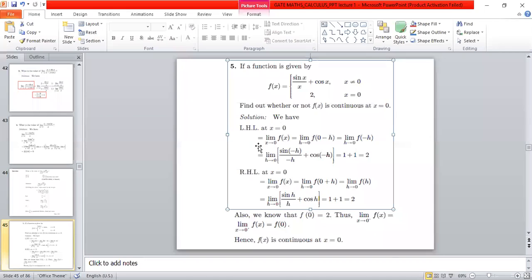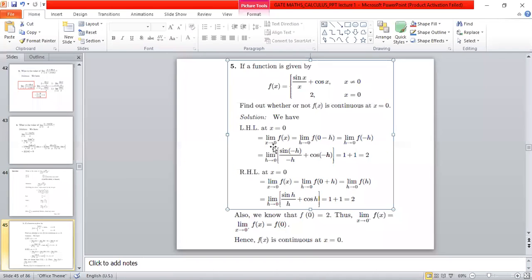The left hand limit at x is 0 is defined as limit x tends to 0 minus of f of x. In terms of h, we can define it as limit h tends to 0 of f of 0 minus h. In case of the right hand limit, we write 0 plus h. Here it is minus and here it is plus.